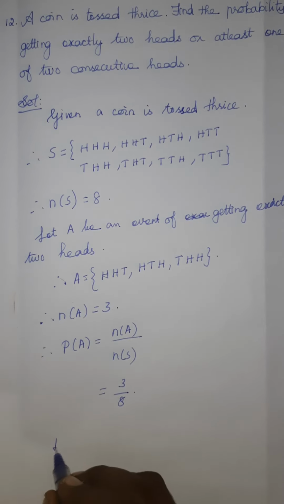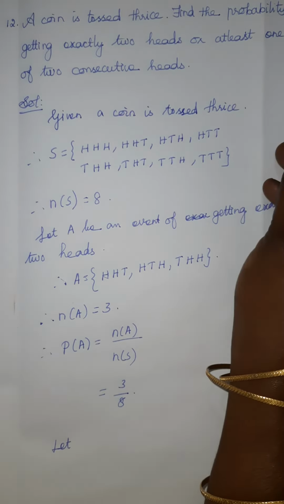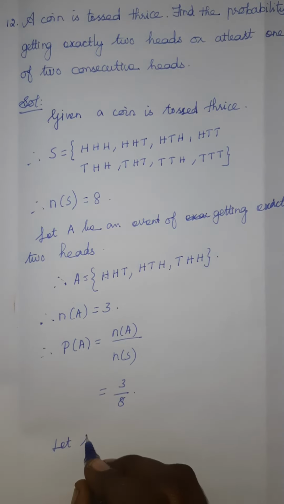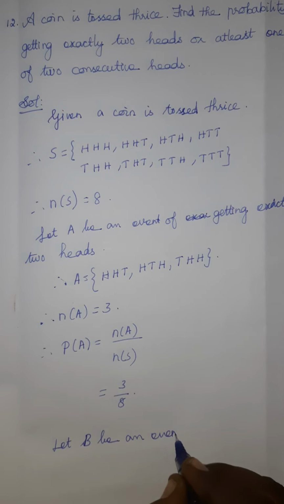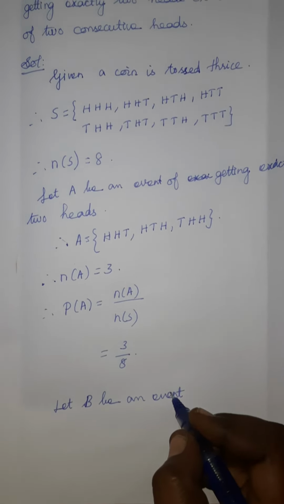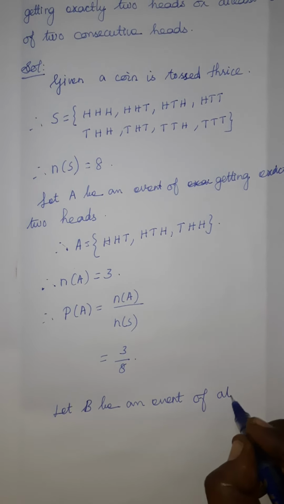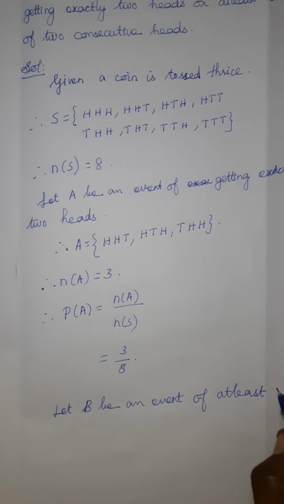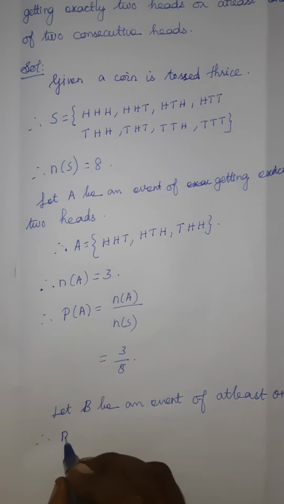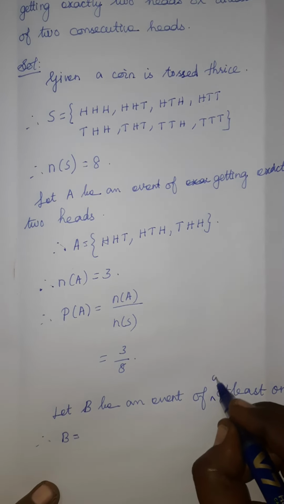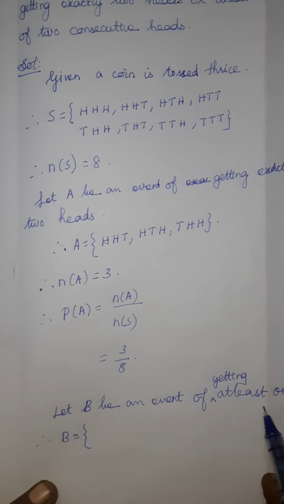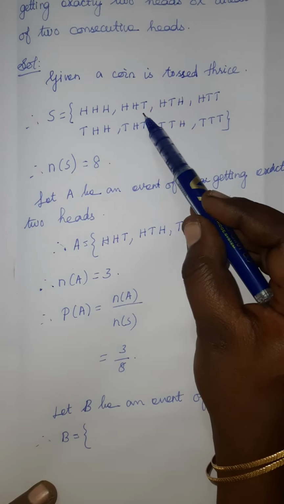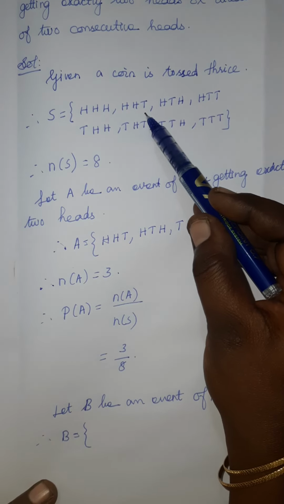Next, we can choose the next event. Let B be an event of at least one tail. Therefore, B is the event of getting at least one tail. So what are the elements in B? At least one means minimum one tail. So you can choose 2 tails and 3 tails also.